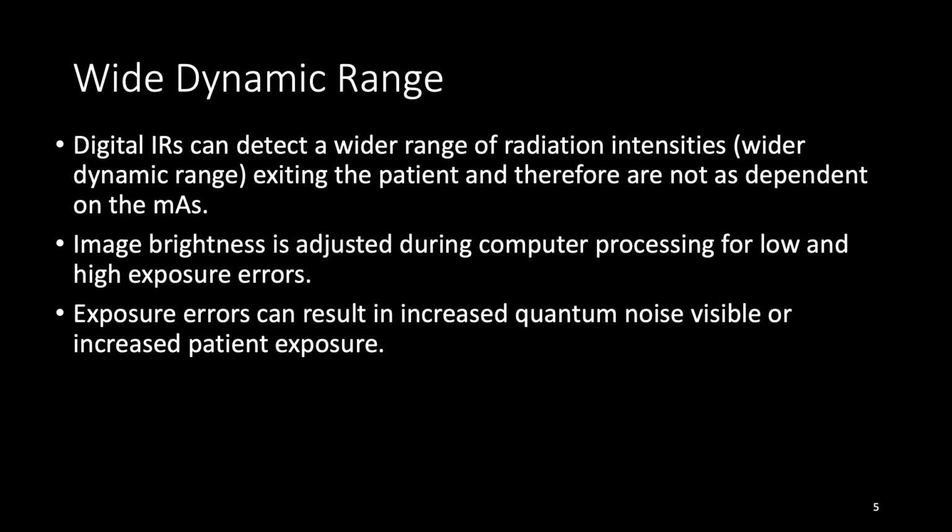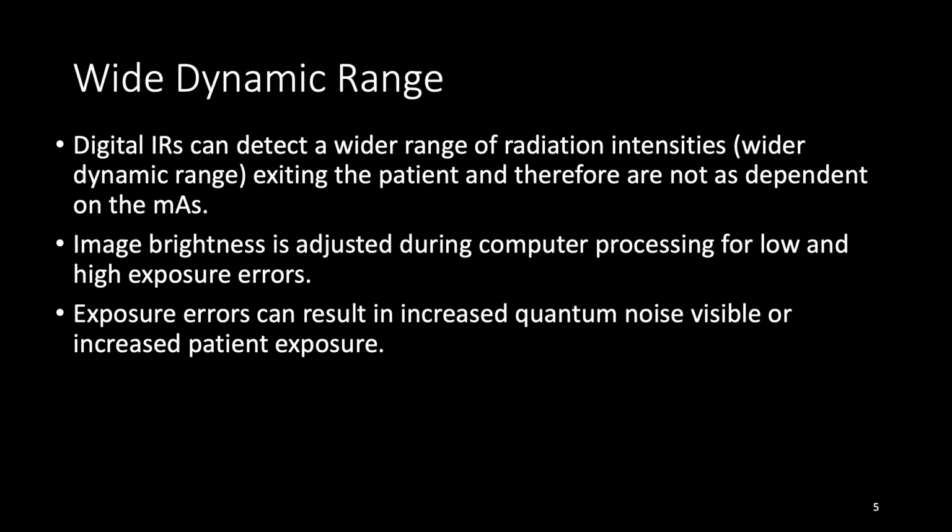If the mAs is too low, resulting in low exposure to the digital IR, image brightness is adjusted during computer processing to achieve the desired level. The level of brightness has been adjusted, but there may be increased quantum noise visible within the image.